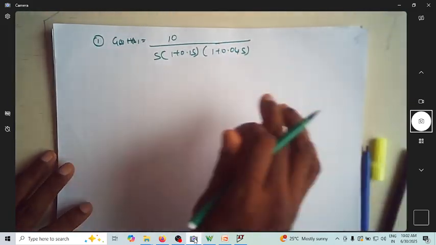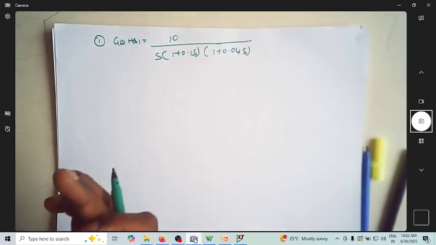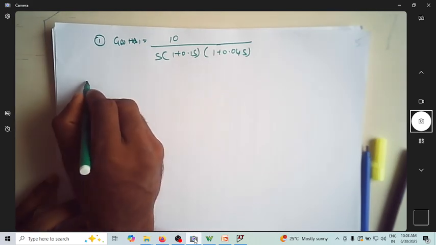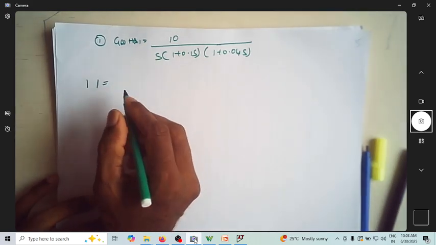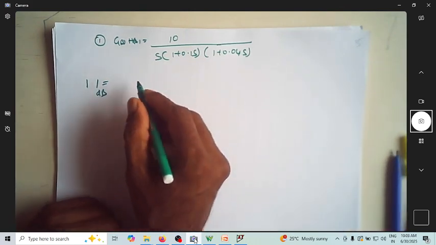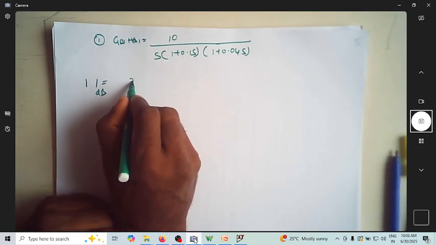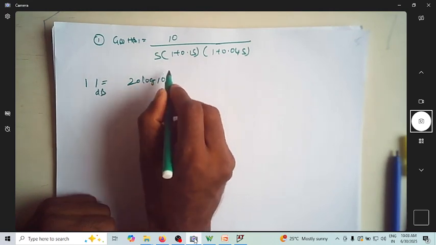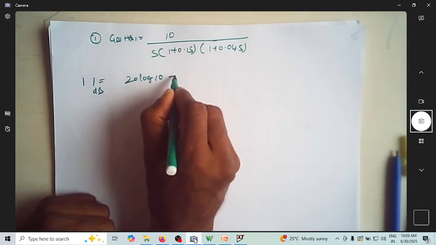This is the time constant form. I want to find the magnitude. If you want to put it in dB, we just write it as 20 log of 10, and since it is 1 over s, it is minus 20 log of omega.